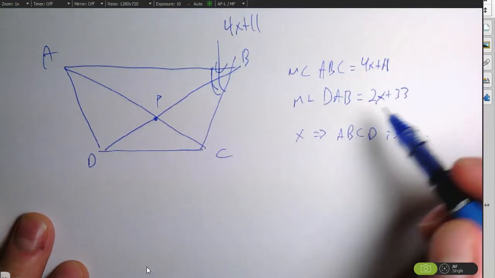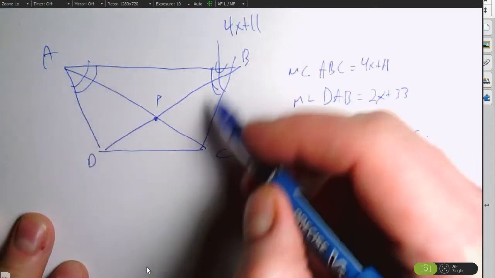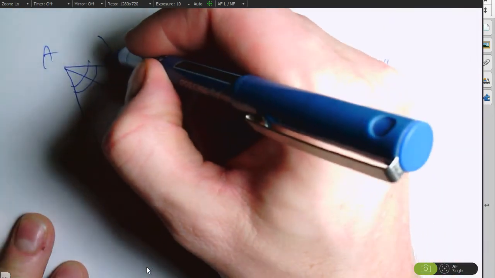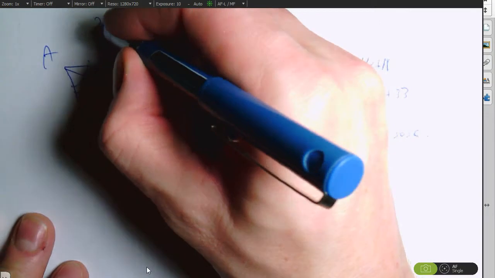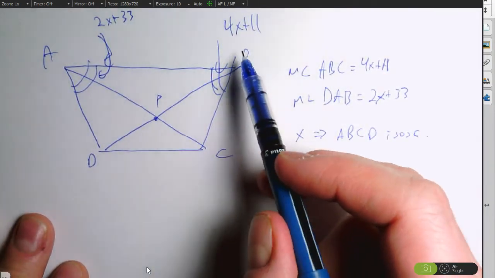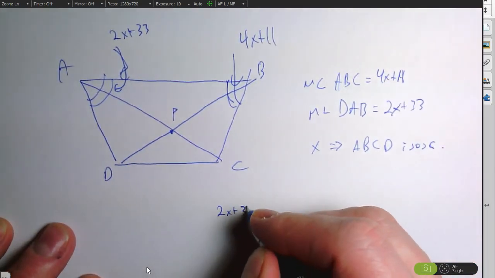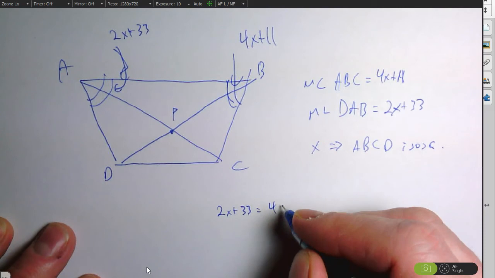Okay. And then angle DAB, which is the other base angle that corresponds to angle ABC, it is 2x plus 33. So the only way this can be a trapezoid is if these two guys are equal. So 2x plus 33 equals 4x plus 11.